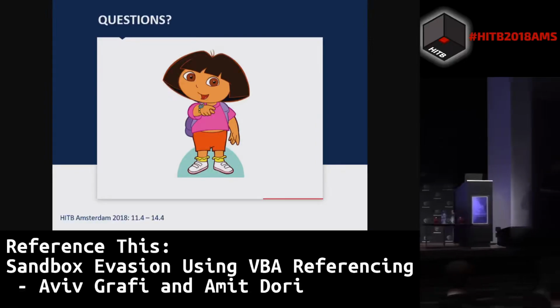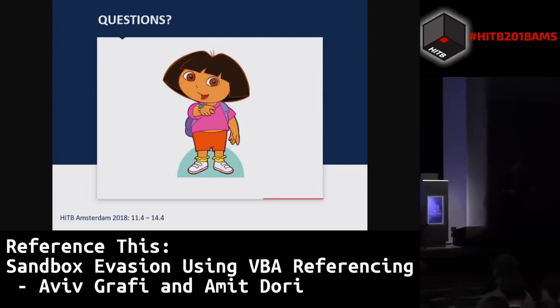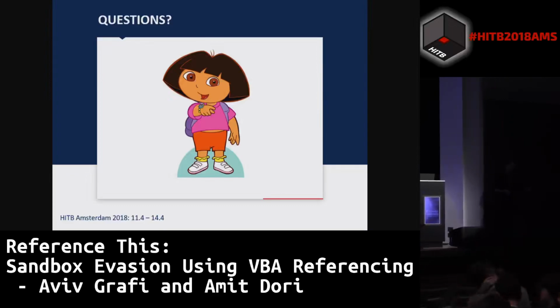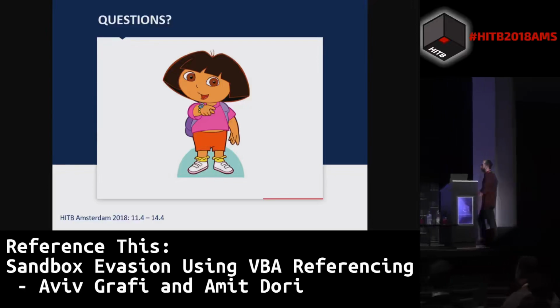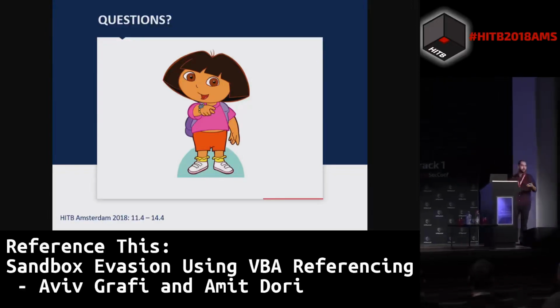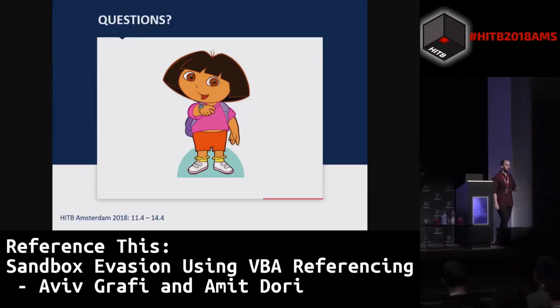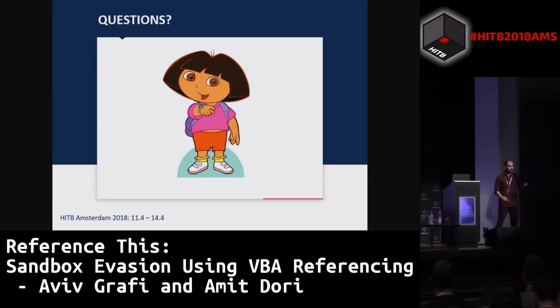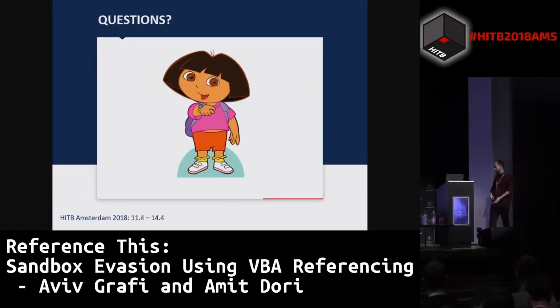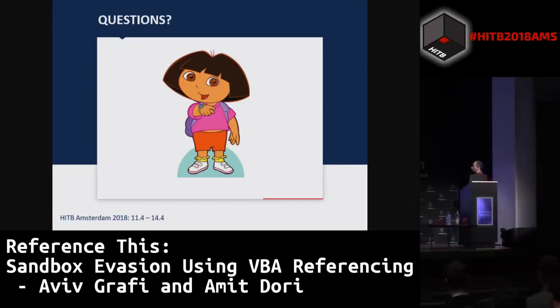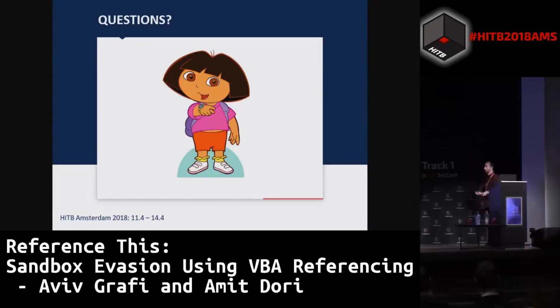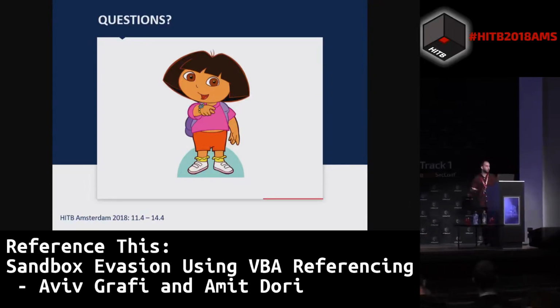Did you ever see any kind of benign usage of referencing in any document whatsoever? I guess I'm always going to the 90s because for some reason VBA was very popular in the 90s, and it was being used to fetch information from sites and all sorts of stuff. I haven't seen legitimate uses.